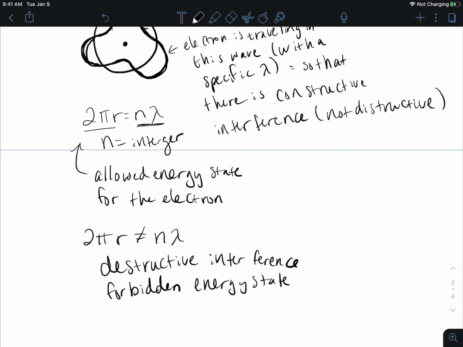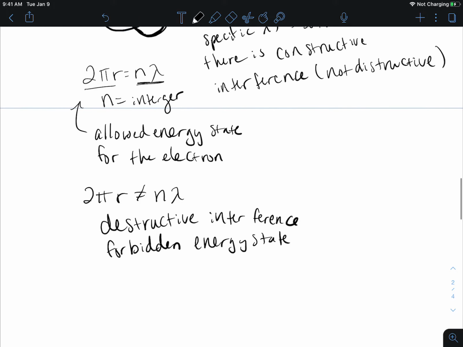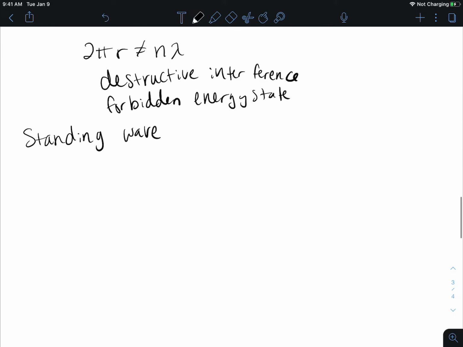Okay. So basically what we do in quantum mechanics is we treat an electron like a standing wave. So here is a standing wave.